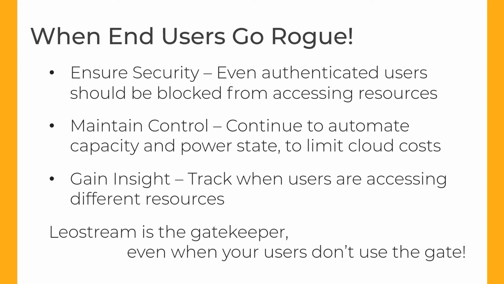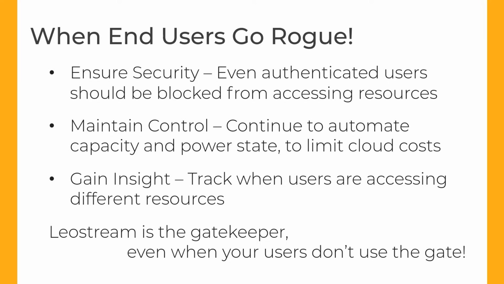And as I mentioned, a lot of that is about maintaining control, not just control over who has access to what, but also the control that you get from the pools and the policies and the plans in Leostream that allow you to automate capacity. So powering and power states: powering machines down after the user is done, or terminating them after the user is done.